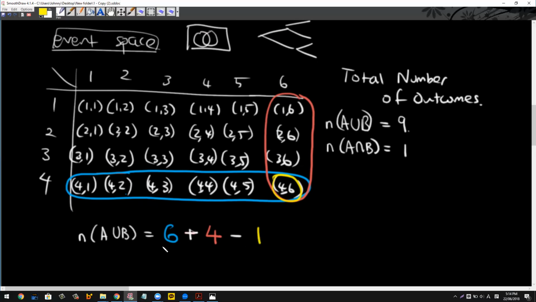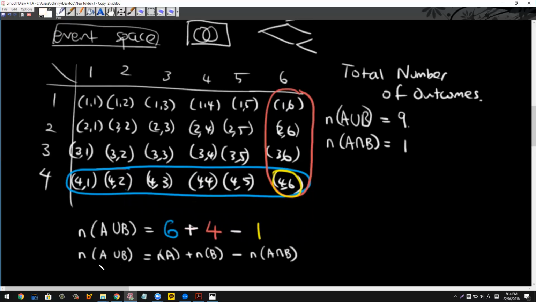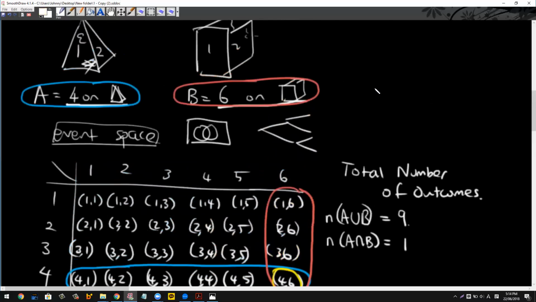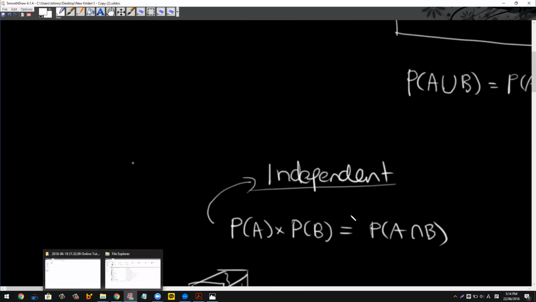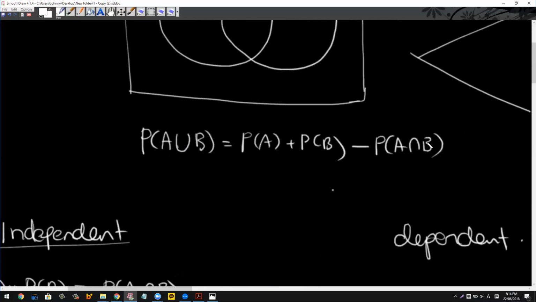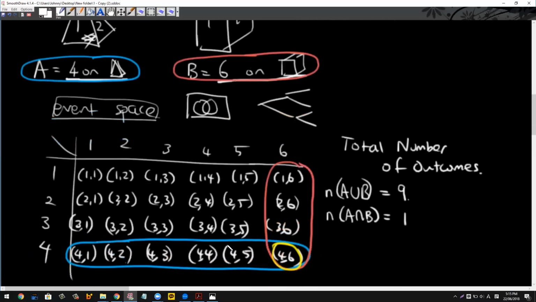And that is proving that the number of A or B is the number of A plus the number of B minus the number of A and B. So we can extend that to probability and we get this equation right here. That's what we did last time.